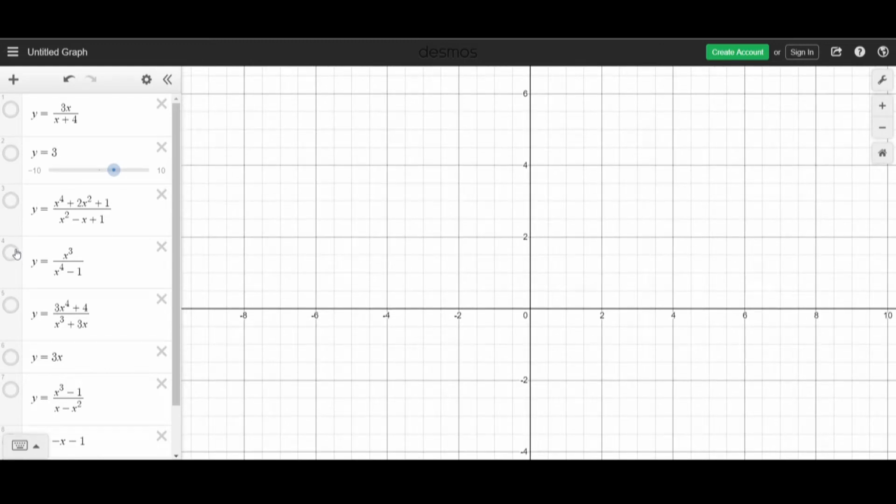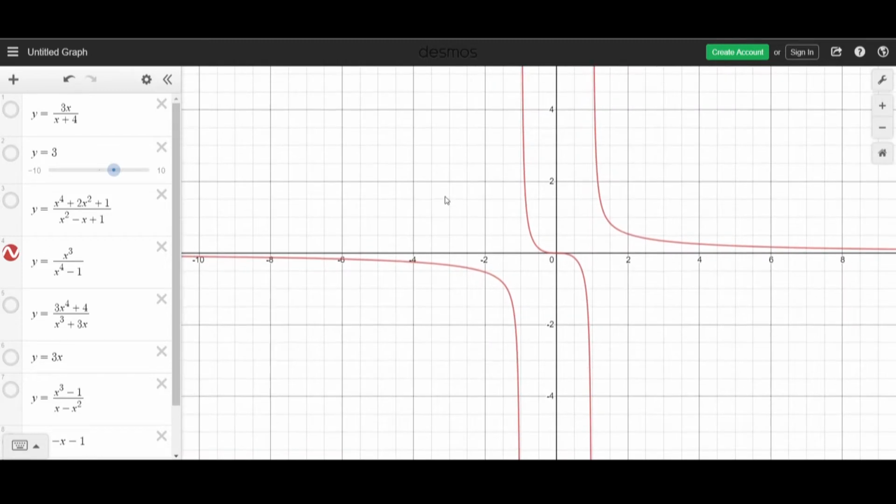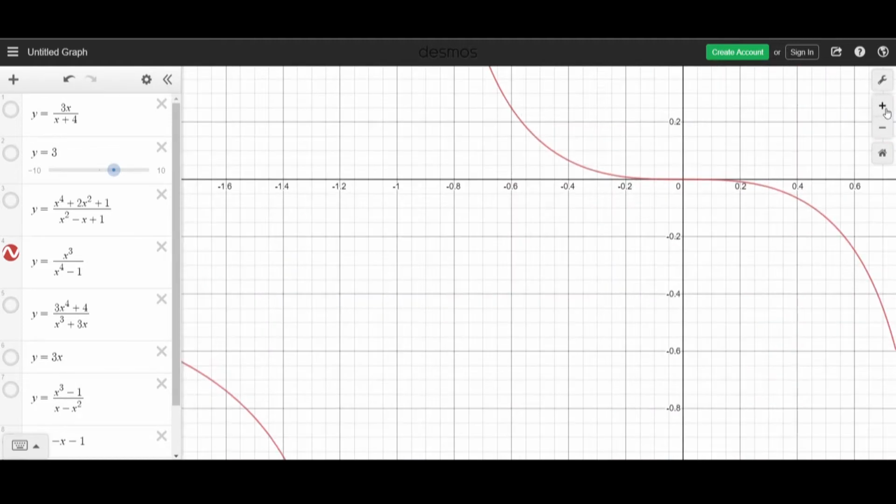For our next one, number 3, this was our graph, and we said that our horizontal asymptote here was y equals 0. y equals 0 is our x-axis, but here we notice something weird. It crosses it, doesn't it?